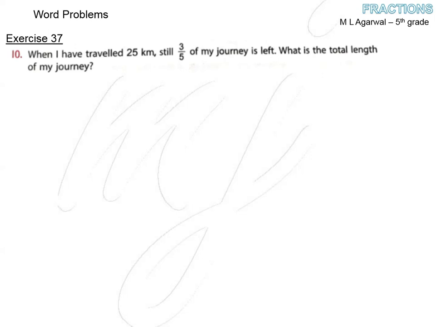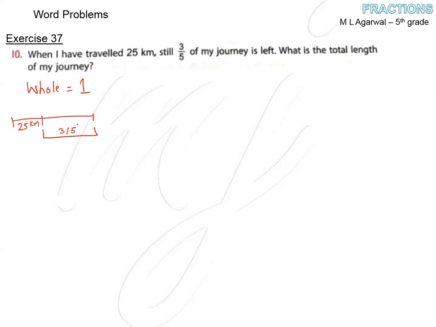So you know that I have told you the whole is 1. Always understand that the whole is equal to 1. Now they are saying, suppose I am traveling, this is the whole length of the journey, and I have traveled this much, and this is 25 kilometers, correct? Still, this fraction has been given as 3 upon 5 of my journey, correct?